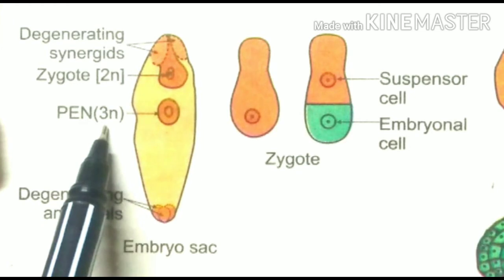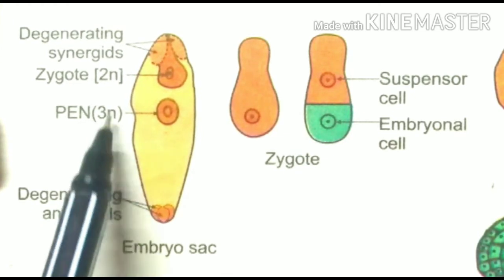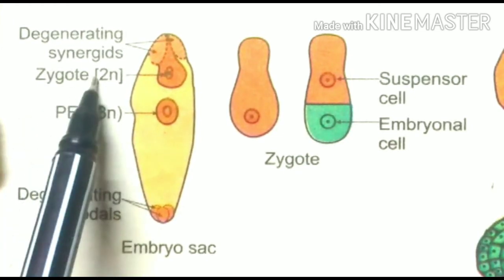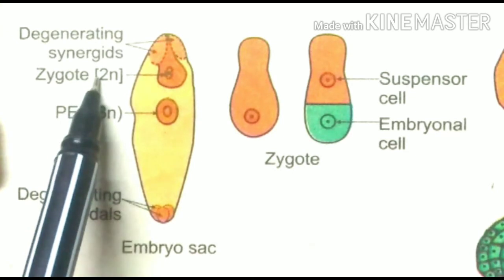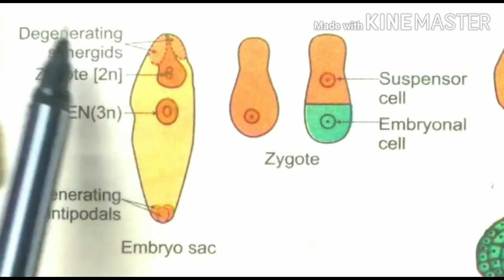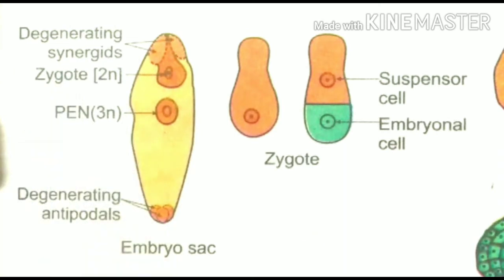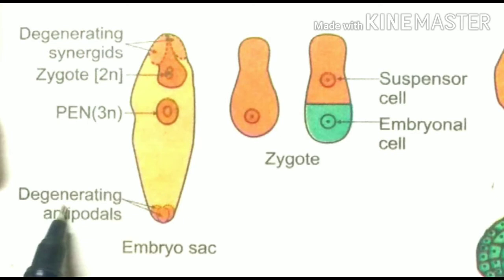So now see how the zygote is developed. After fertilization, the synergid cell and antipodal cells degenerate.